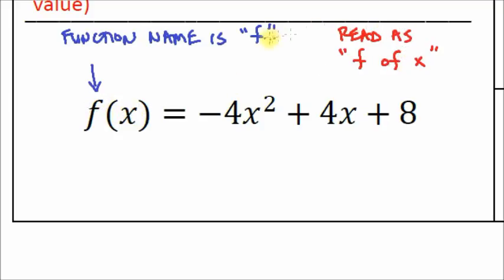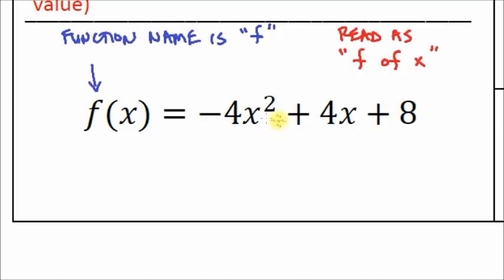So when you read these in class, make sure you are reading them correctly. So here's our function name, f. We say this is f of x. And now take a look. Whatever variable is in parentheses, that's the variable that's going to show up in the expression over on the right-hand side. So if this was f of t, this would have said negative 4t squared plus 4t plus 8.